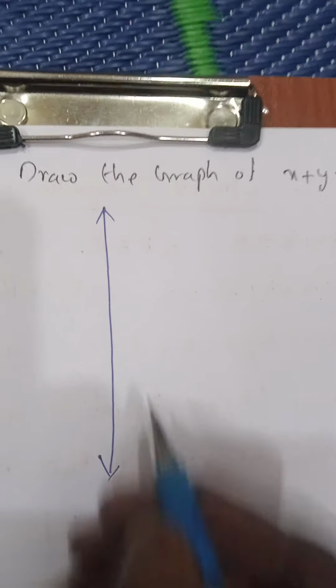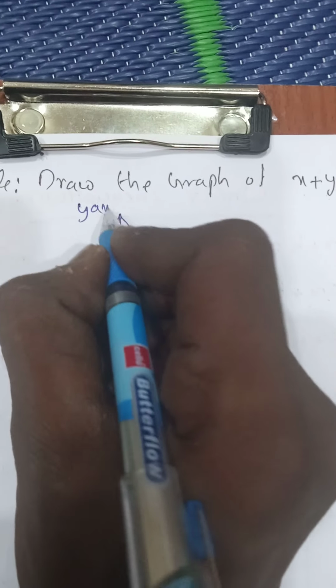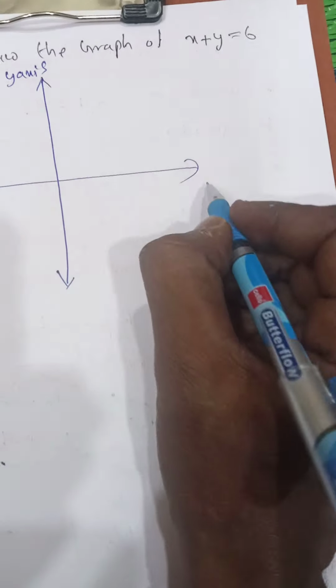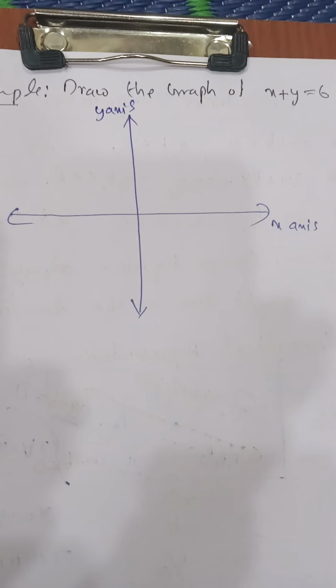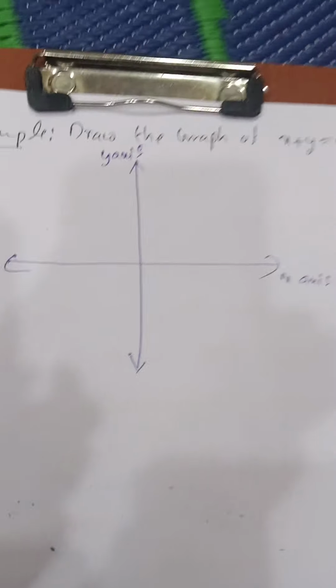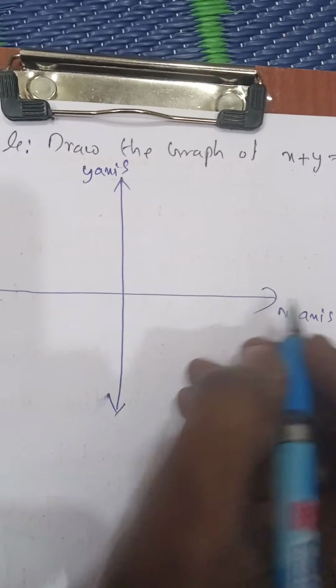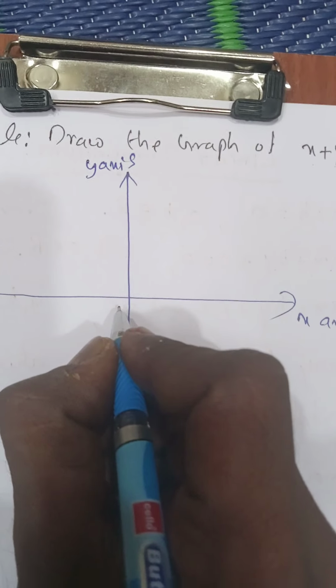The vertical line we call the y-axis, and the horizontal line we call the x-axis. Remember that the axes in the plane are always perpendicular to each other. The point of intersection of both axes we call the origin.